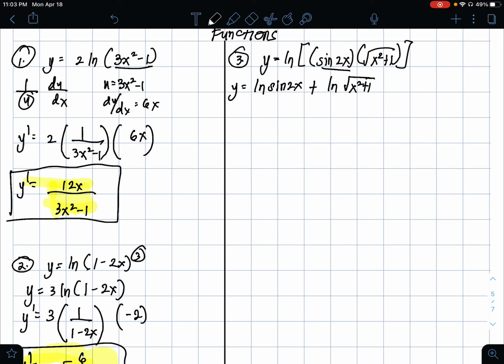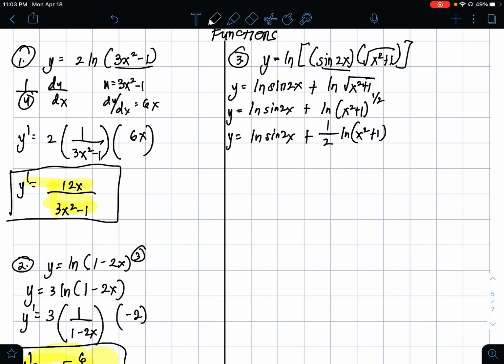So, the square root of x squared plus 1 can become ln of x squared plus 1, raised to 1 half. And once again, that exponent can come down. Therefore, we can just easily differentiate given these kinds of problems.